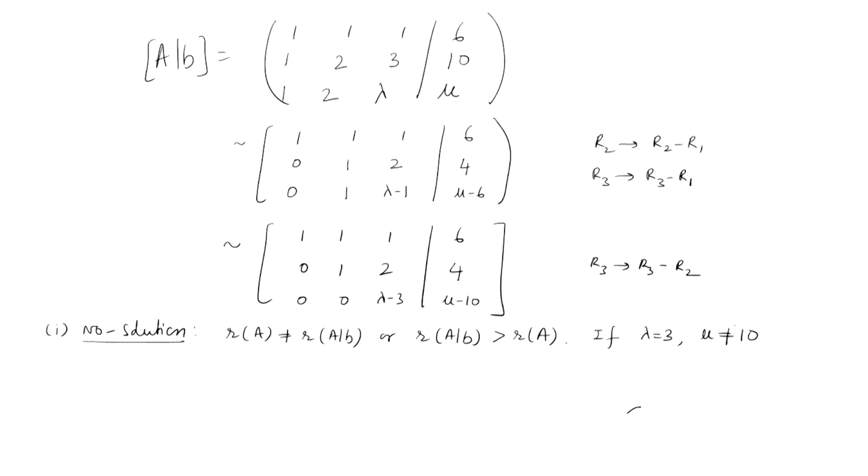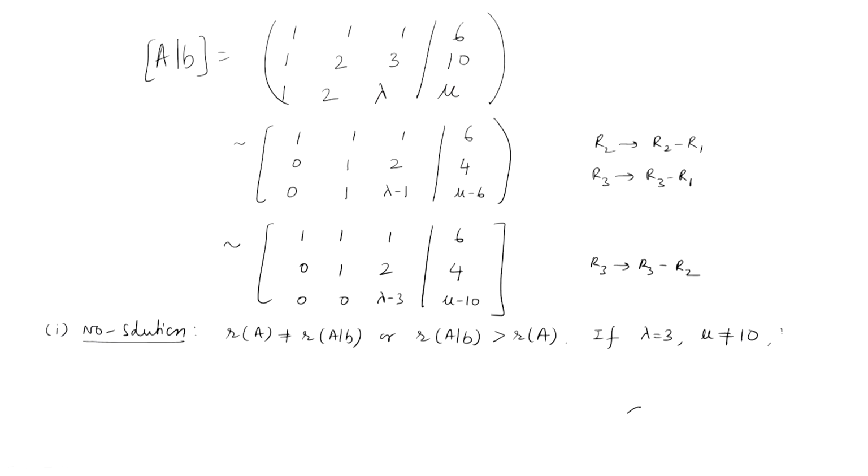Then only, if lambda is equal to 3, rank of this matrix is 2, and if mu is not equal to 10, rank of the entire matrix is 3. So, ranks are not the same, that means no solution. This is the only possibility. So, if this happens, then no solution.